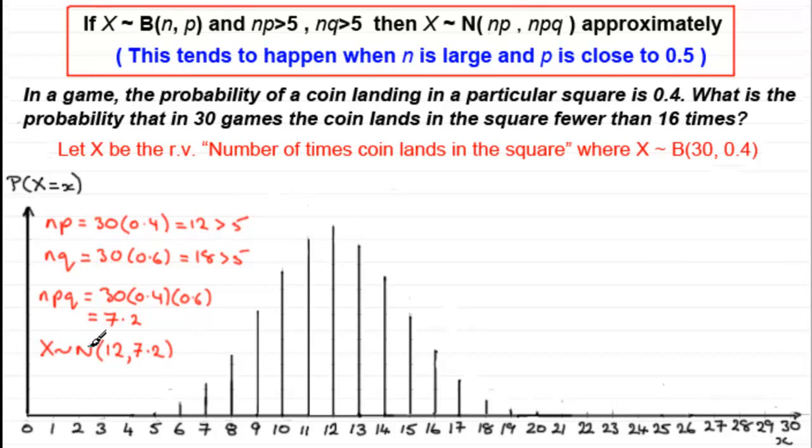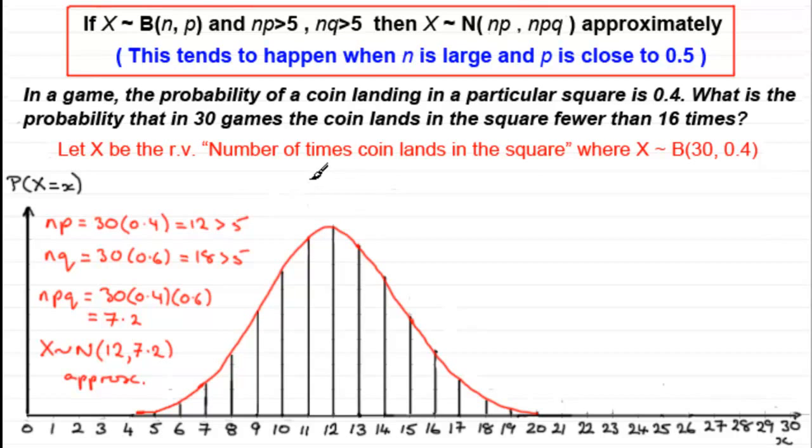So x is distributed normally with a mean of 12, variance 7.2, but approximately, so we better put that in. I'll just say approx. And what I'll do is we'll just put a curve around that distribution, illustrating this normal distribution.